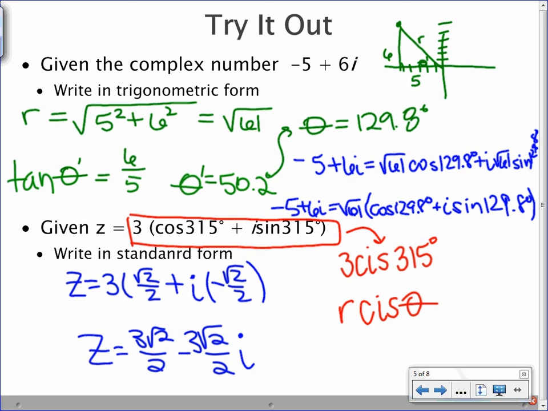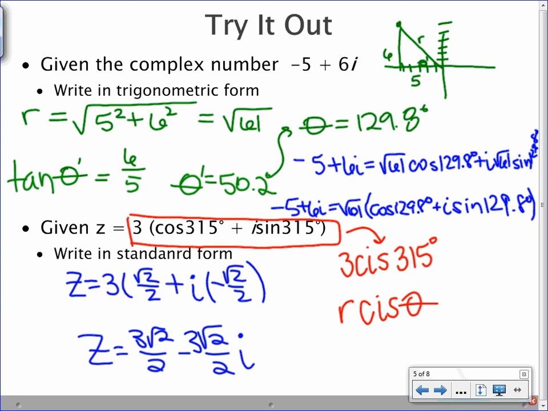All right. So we're going to talk about two operations today with complex numbers, and then we're going to talk about another operation tomorrow. Okay. On your blue sheet last night, you guys had to multiply some complex numbers. How did you do that?